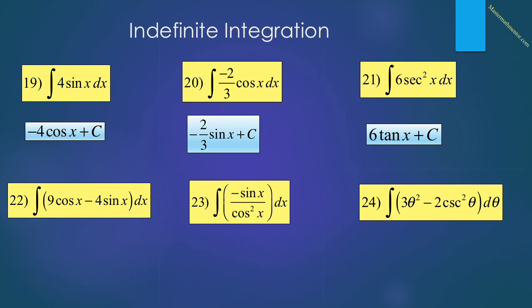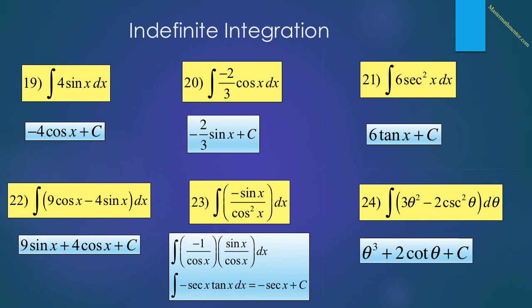Again, the negative 2/3 just comes along, and the integral of cosine x is sine x, so our answer is negative 2/3 sine x plus c. 21, the integral of 6 secant squared x. The integral of secant squared is tangent, so our answer is 6 tangent of x plus c.